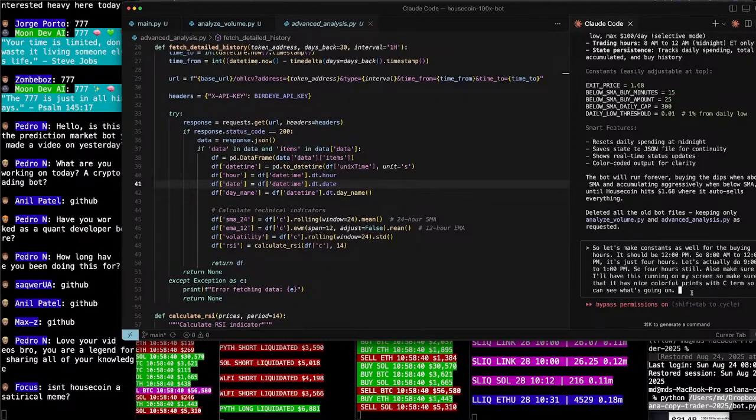Actually, make that the 5-minute 20 SMA. So while we'll be buying every X while under the 20-day SMA, we want to make sure that we are below the 5-minute 20 SMA on those buys, just so we're not buying intraday highs and stuff like that.